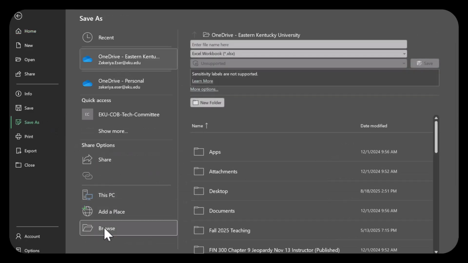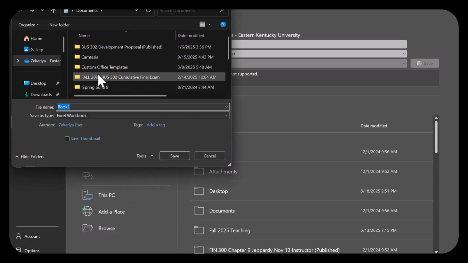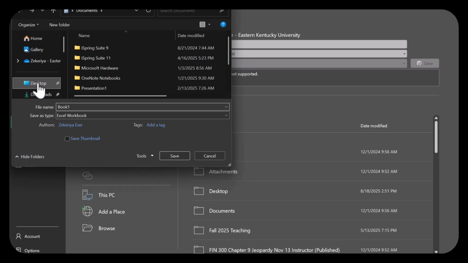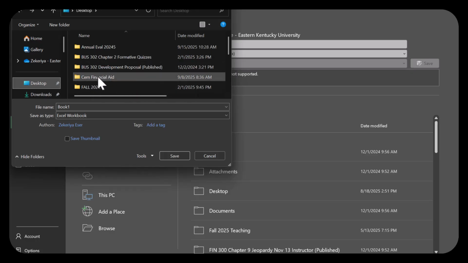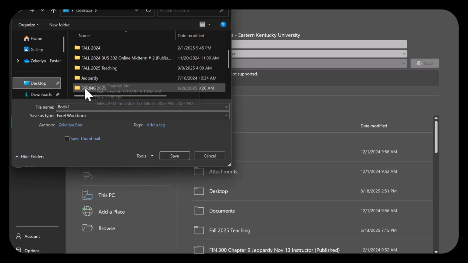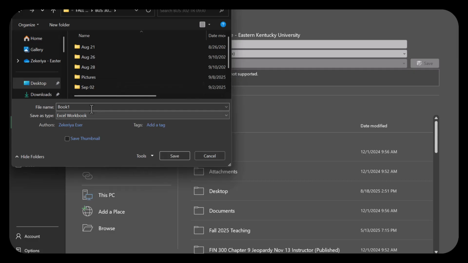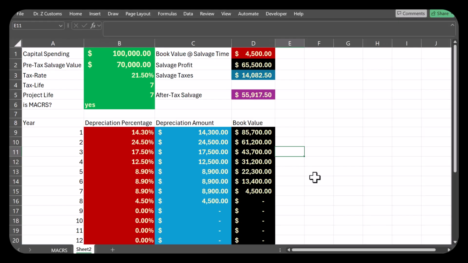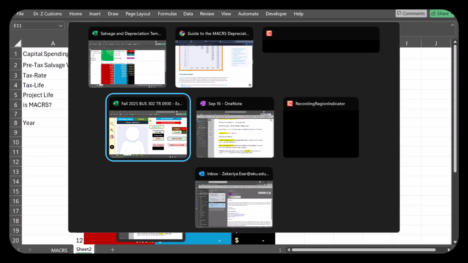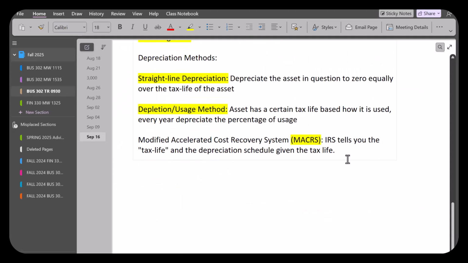We're not done yet. What we're going to do next time, I'm going to describe a very involved project example.